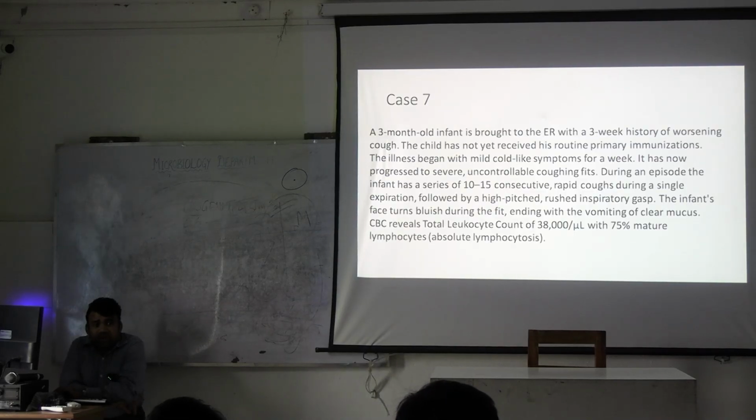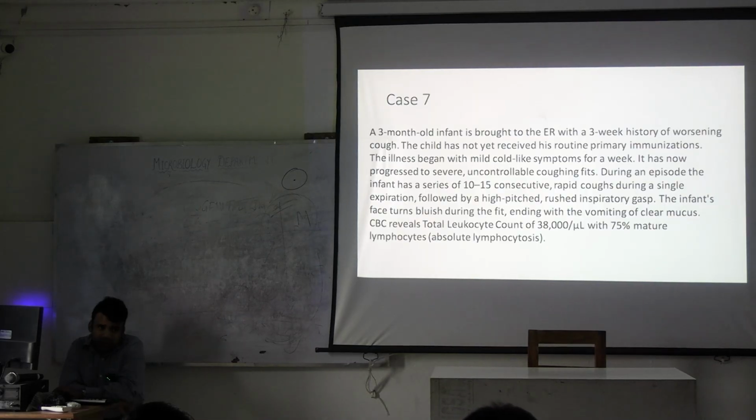The infant's face turned bluish during the fit, ending with vomiting. The vomitus was clear mucus. Blood examination shows a leukocyte count of 38,000 per microliter with 75% mature lymphocytes. That means absolute lymphocytosis.